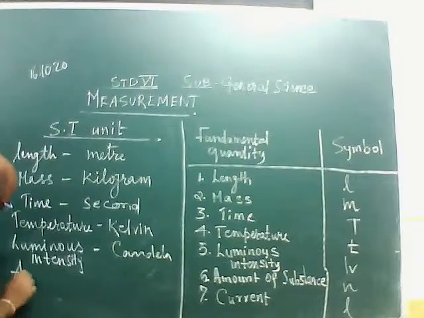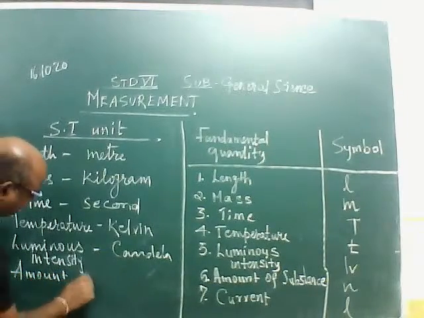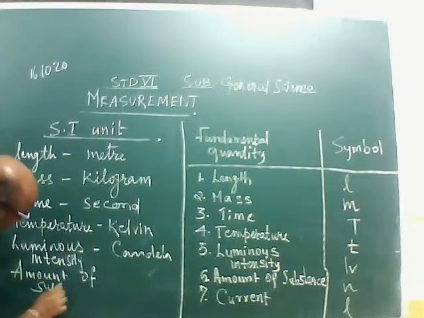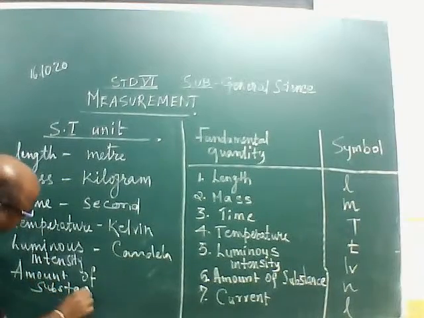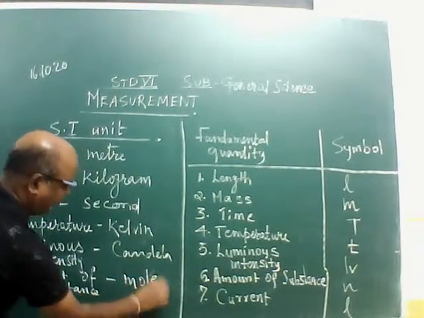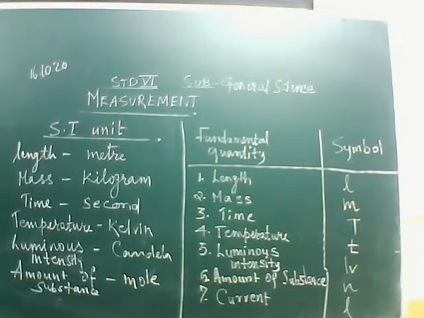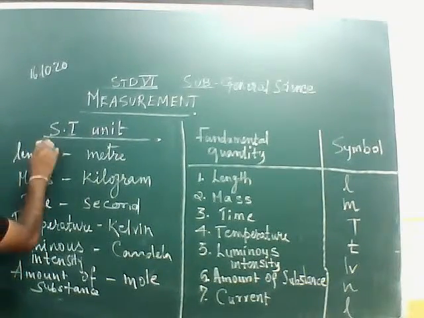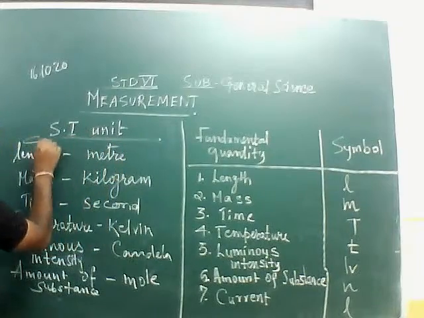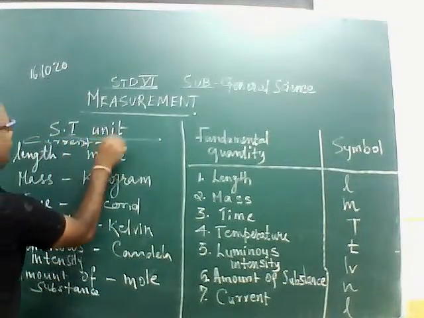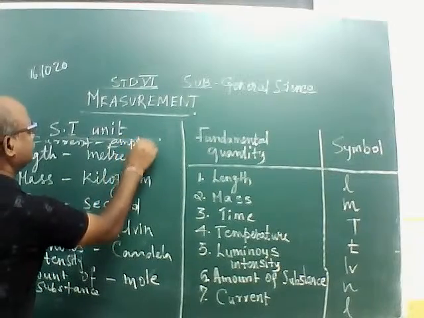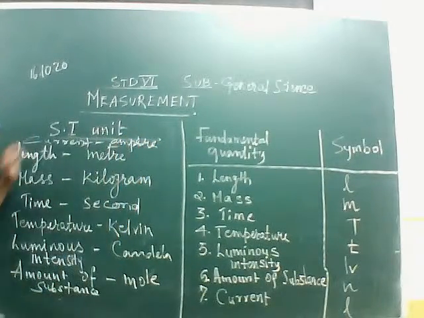Amount of substance, mole. And current, ampere. So all these are the SI units of fundamental quantities.